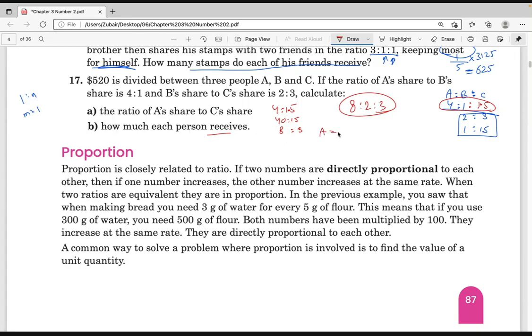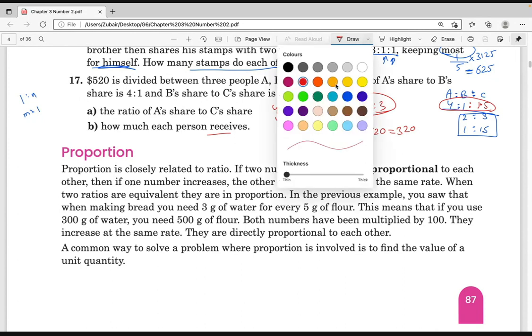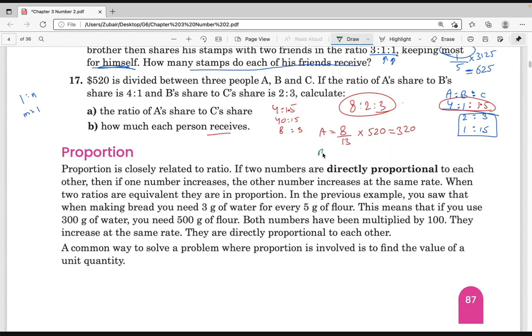A is receiving 8 out of 8, 9, 10, 11, 12, 13, of 520, which is 320, and B gets 2 out of 13 of 520.